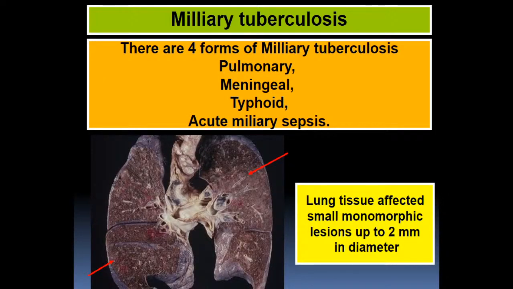There are four clinical forms of miliary tuberculosis. First, the pulmonary form. Second, the meningeal form. Third, typhoid. And fourth, acute miliary sepsis.